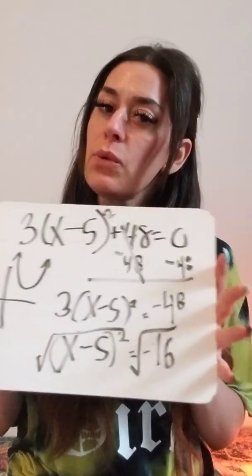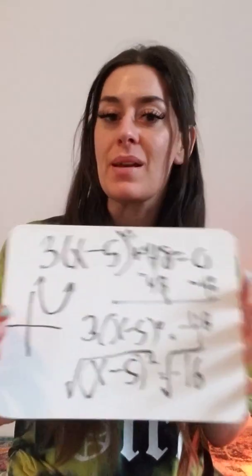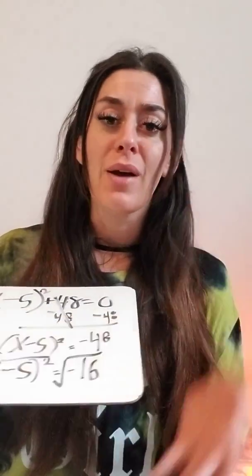All right, let's look at one more example. Now it's going to work out, but it's not going to be a nice number. I want to show you the best way to represent your answer when you don't have plus or minus 4, or plus or minus 2, or plus or minus 12, like a perfect square root.